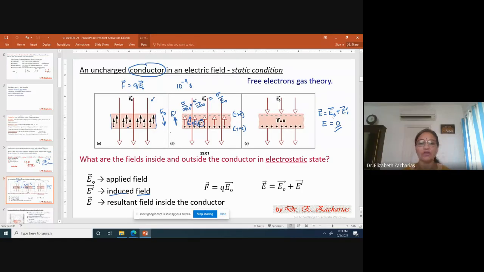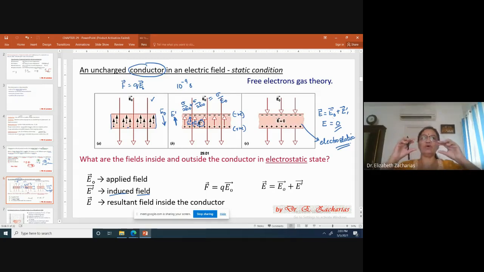That the material will not like. So what will it do? It sets up its own induced field and opposes the applied field. Therefore, the net field inside the material becomes 0. And this condition is called electrostatic condition. This condition is an electrostatic state.